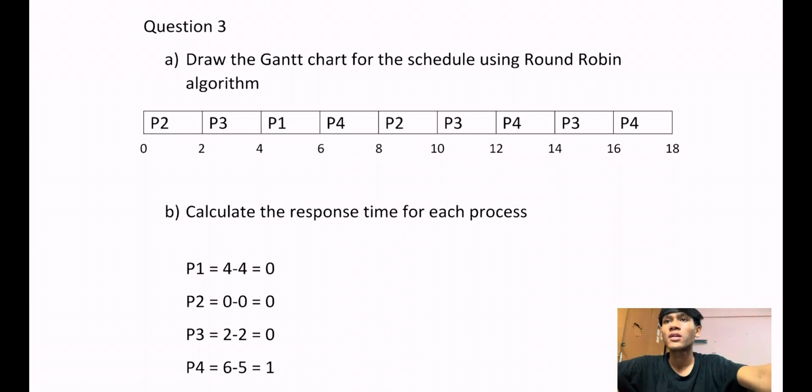And B. Calculate the response time for each process. P1 4 minus 4 equals 0 and P2 0 minus 0 is 0 and P3 2 minus 2 is 0 and P4 6 minus 5 equals 1.